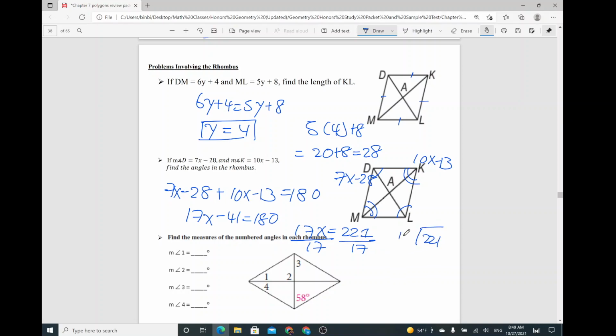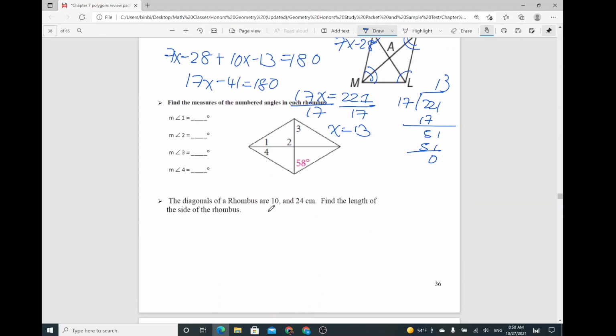So 221 divided by 17 is 13. After you solve for x, you want to find the measure of the angle, so plug 13 back into the original expression. So 7 times 13 minus 28, and 10 times 13 minus 13. Just find the measure of the angle by plugging the number back into the original expression.